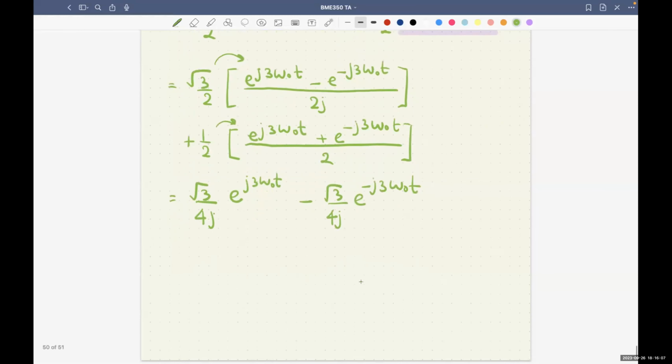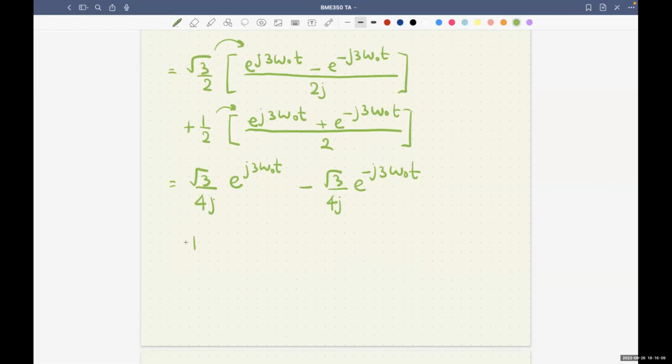And that's for the first term. And for the second term, I'll multiply 1 over 2 in the bracket. Got 1 over 4 e to the power of j 3 omega naught t plus 1 over 4 of e to the power of negative j 3 omega naught t, right?